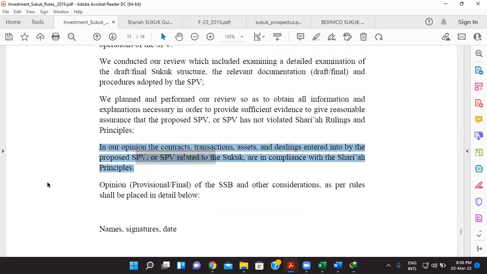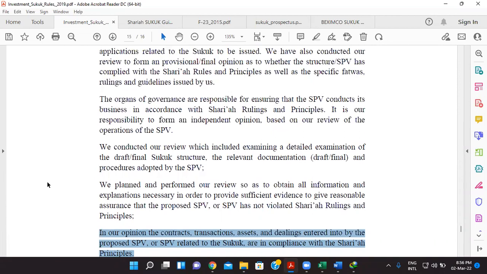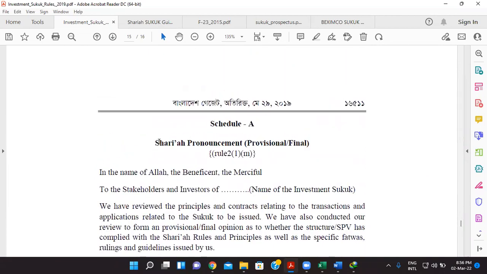I have highlighted it. You see their conclusion. In our opinion, after all the reviews, the contracts, transactions, assets, and dealings entered into by the proposed SPV related to the Sukuk are in compliance with the Shari'ah principle. This has been said as the Shari'ah pronouncement. Am I clear?